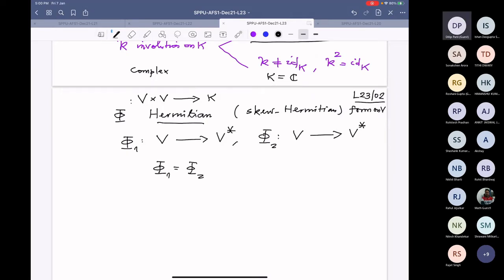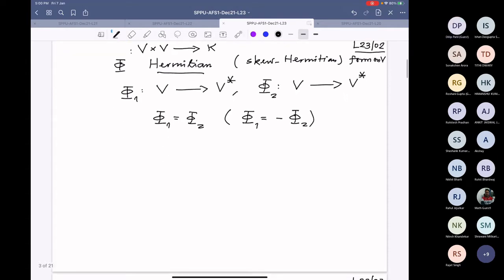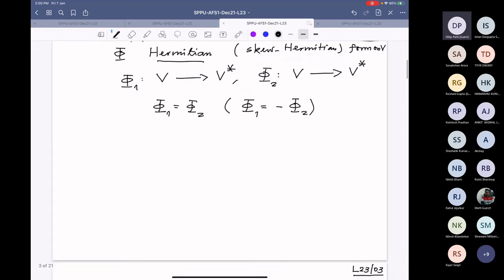In the Hermitian case phi1 is phi2, and in the skew Hermitian case it will be phi1 equal to minus phi2. This is just a definition.